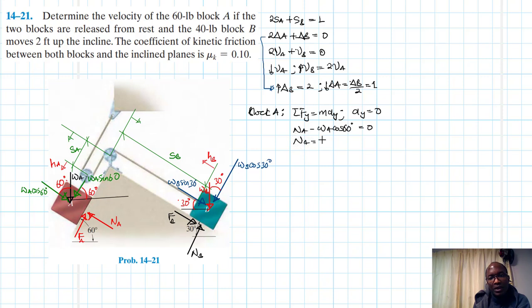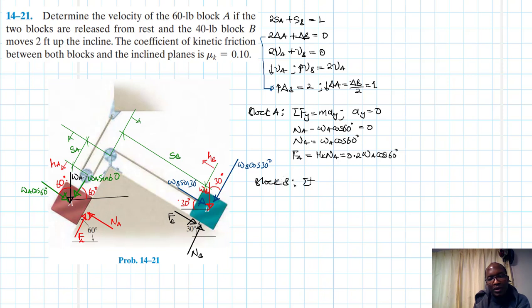Therefore our NA is just equal to WA cos 60, and our FA, which is our friction force, is equal to mu K NA, which is equal to 0.2 times WA cos 60.